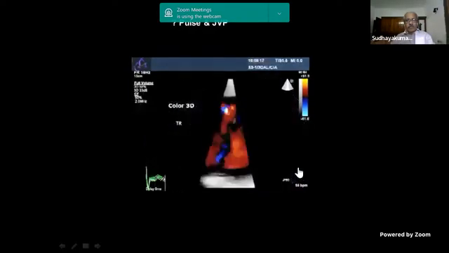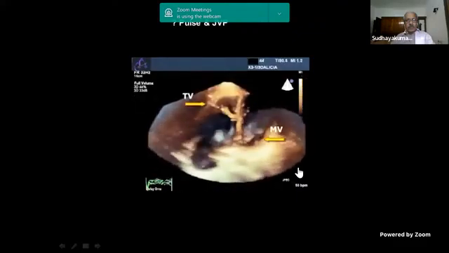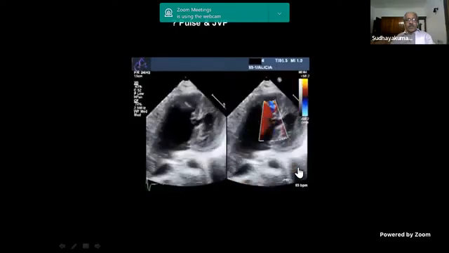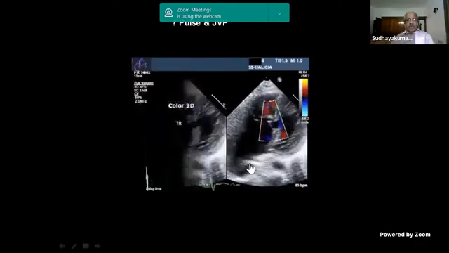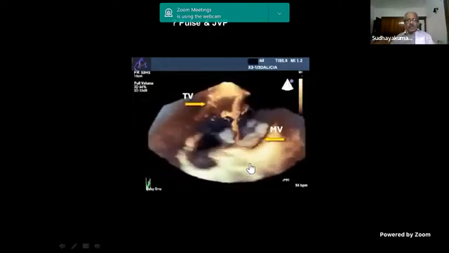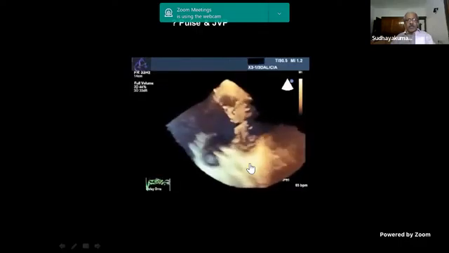Should be very clear now. What will be the JVP finding in this case? This is TR, severe TR, normotensive TR or normal pressure TR. This is the 3-dimensional picture.